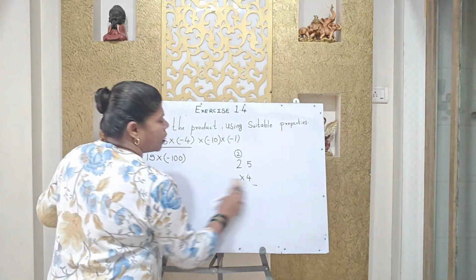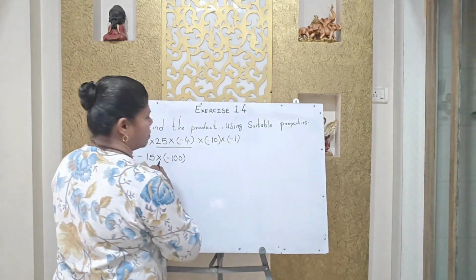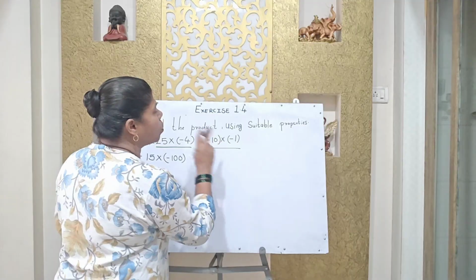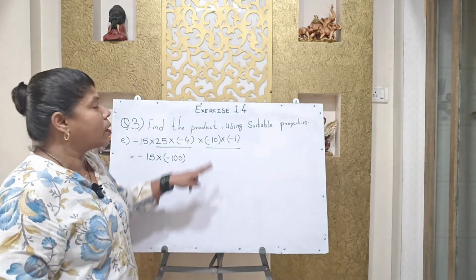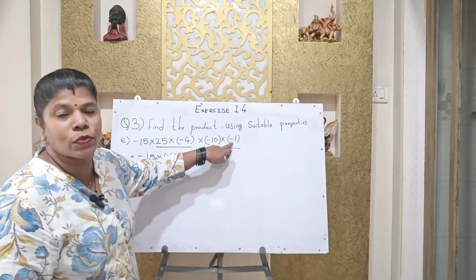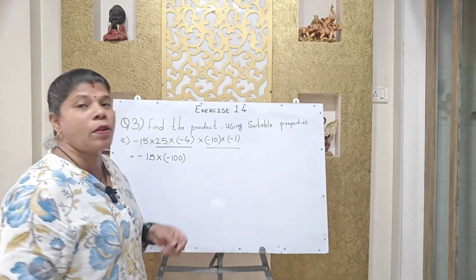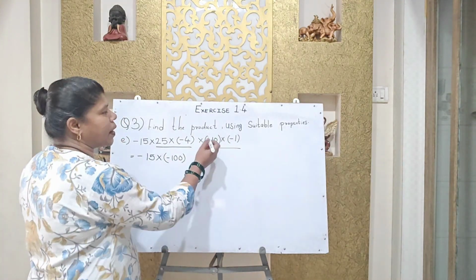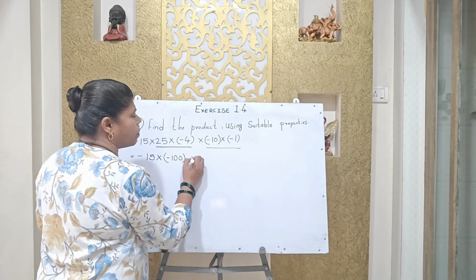Again here, both the signs are negative. 10 is also negative and 1 is also negative. Same sign, always positive. So 10 ones are 10. So here will be the 10.